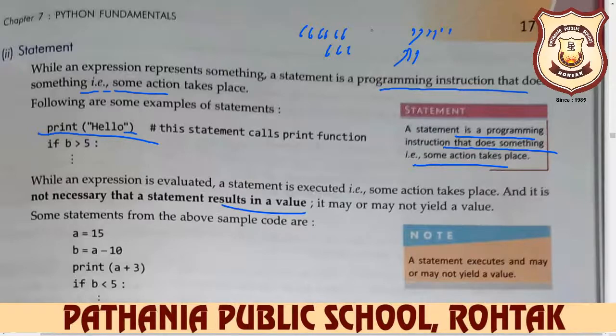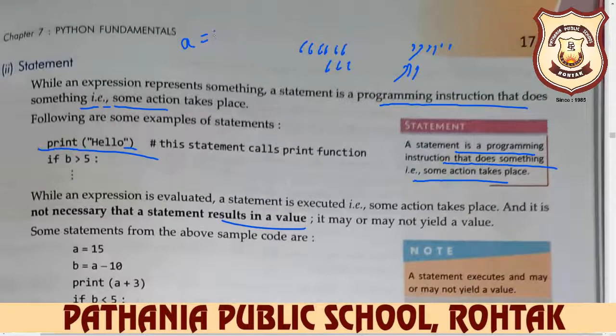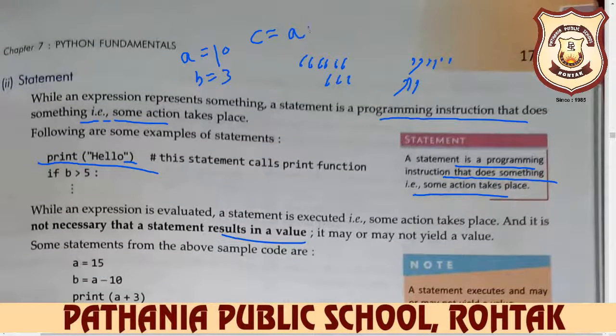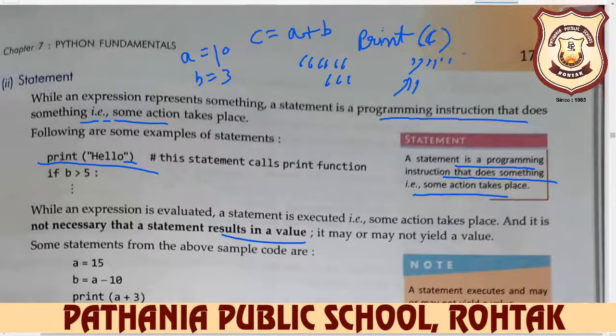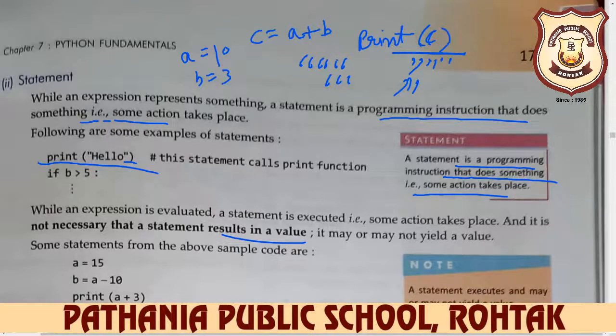But when we print, for example, a is equal to 10, b is equal to 3, and then we define c is equal to a plus b, and we say print c, here in print c there is a value, but when you display a simple message, there is not a value.